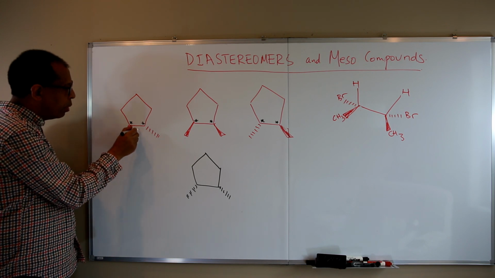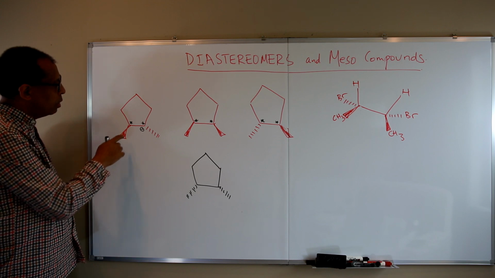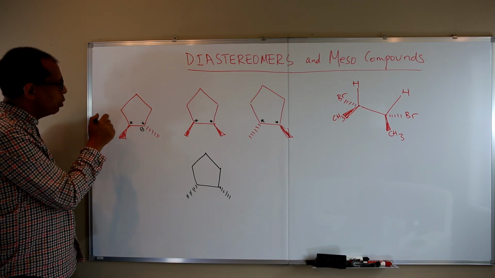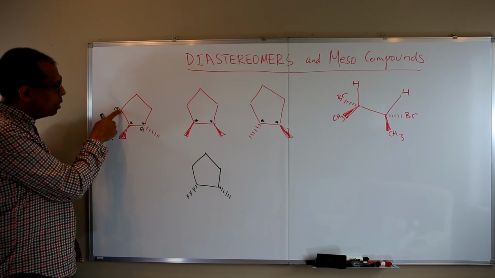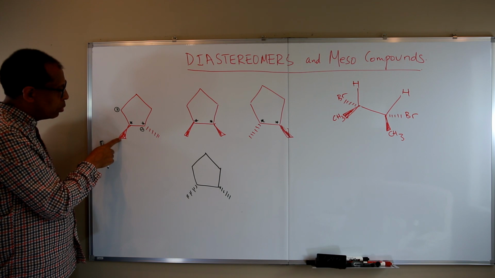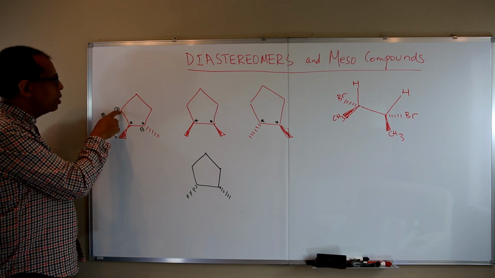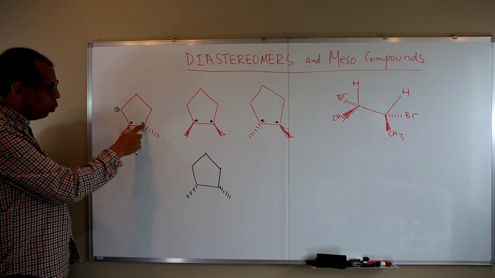That means priority 1 would be this group, and the second priority would be 2, because that is a carbon containing 2 hydrogens, but here it is a carbon which contains 3 hydrogens, but this one has another carbon.